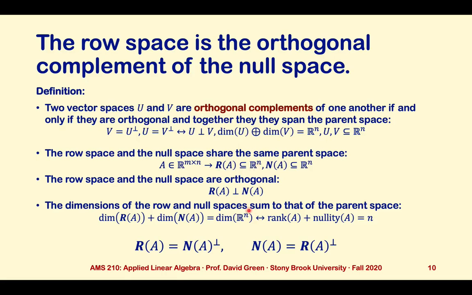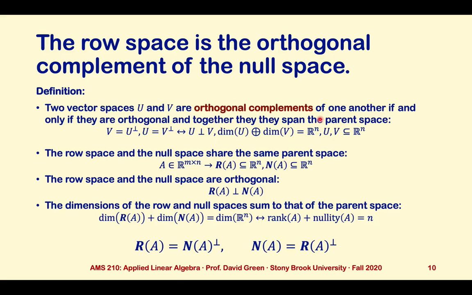This sort of relationship has a special definition, the concept of an orthogonal complement. We say that two vector spaces are orthogonal complements to each other if, first of all, they are orthogonal, and that together they span the entire parent space.